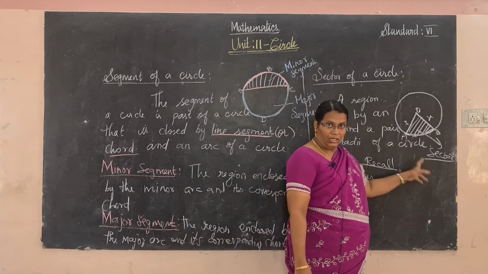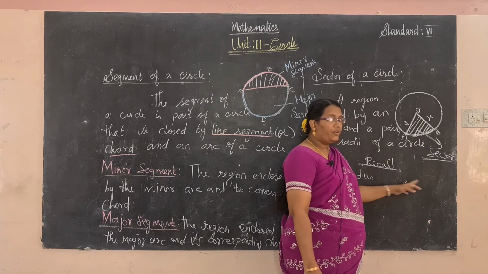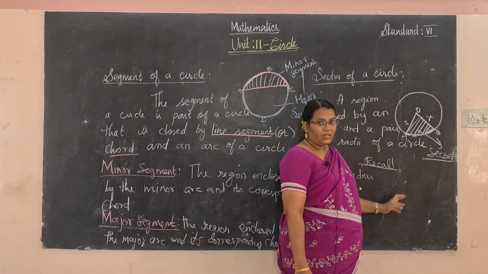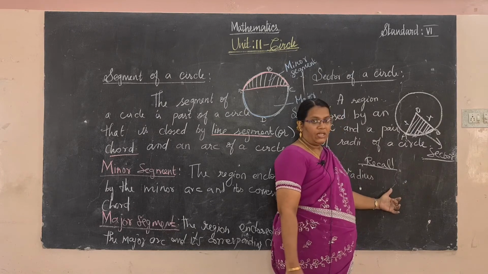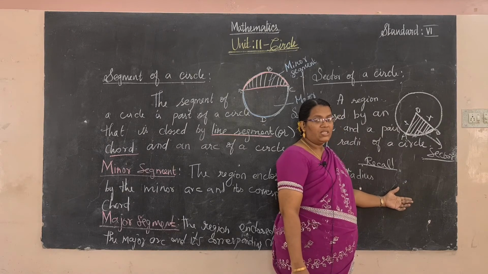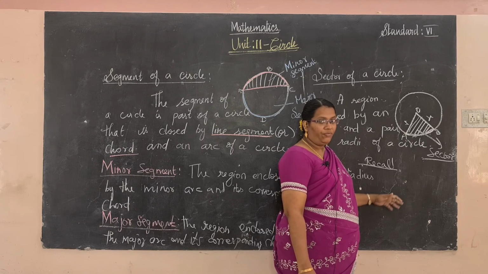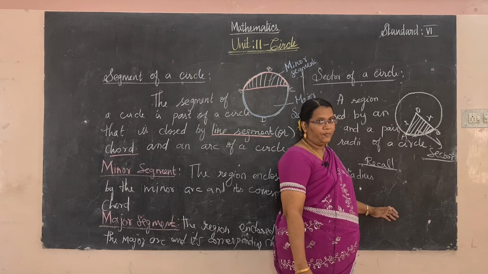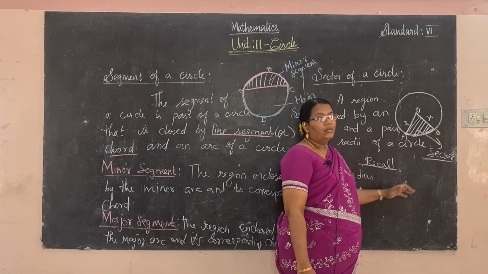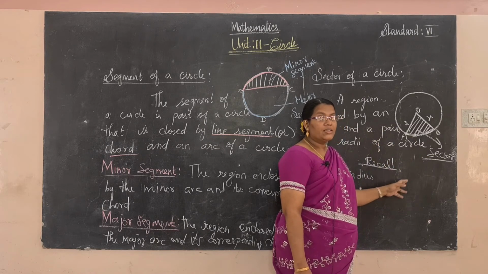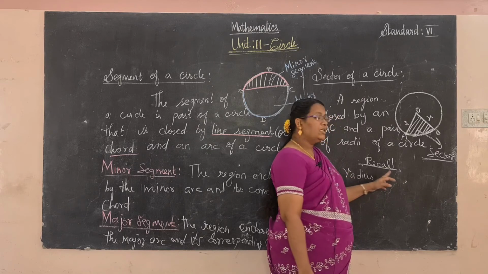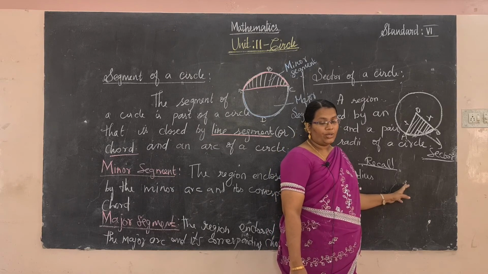Radius means the distance between the fixed point, or center, and any point on the circle. It is denoted by R.